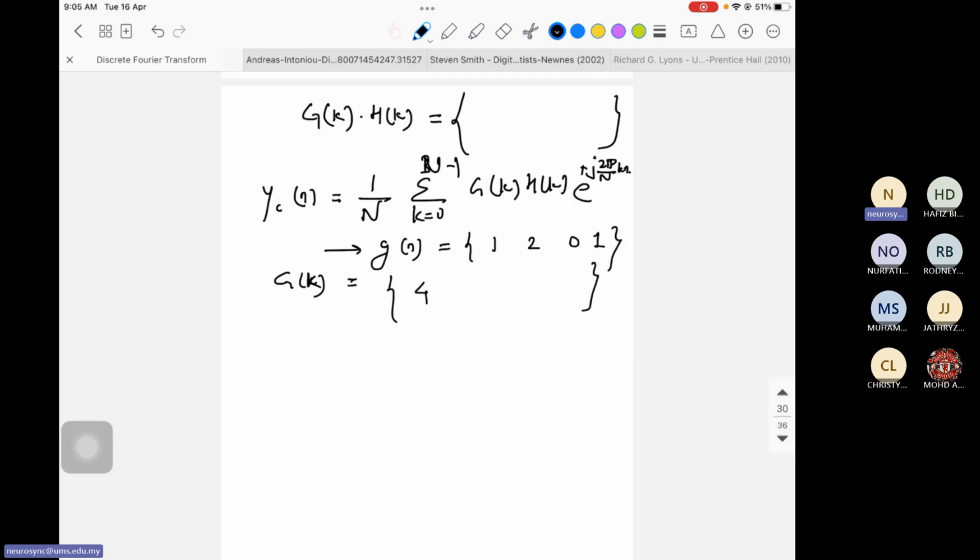Yes, any difficulty in calculating this? Is it 2 minus j? Check it once. It should be 1 minus j.